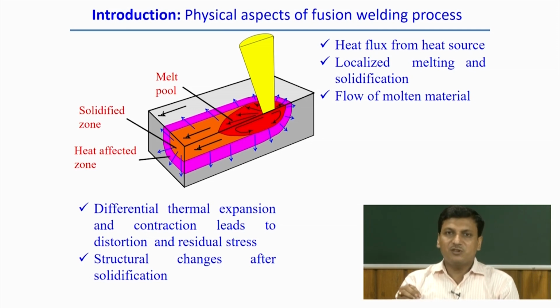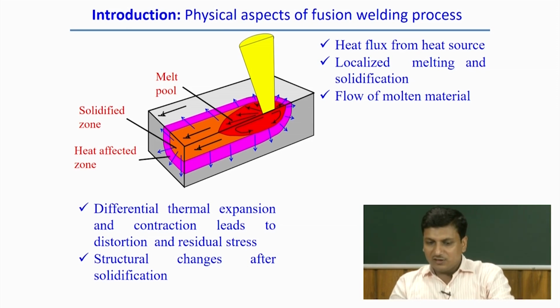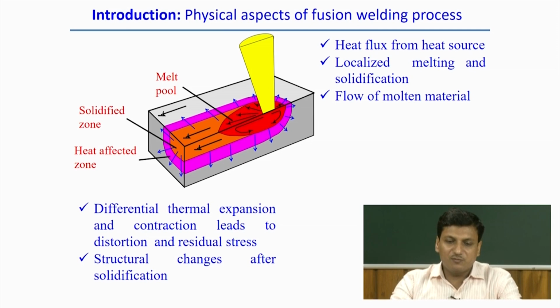With the advancement of the heat source, the subsequent part is solidified, and apart from the solidified zone, a certain part is the heat affected zone. Here we can see the different zones, the melt pool, the solidified zone and the heat affected zone, from the figure itself.